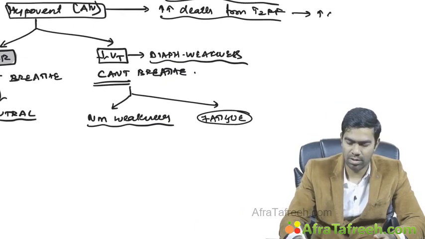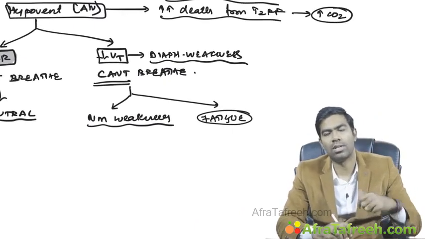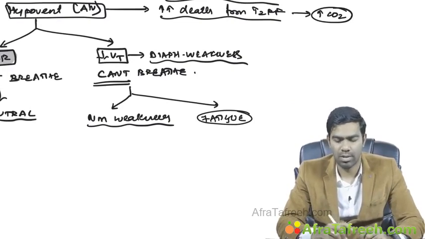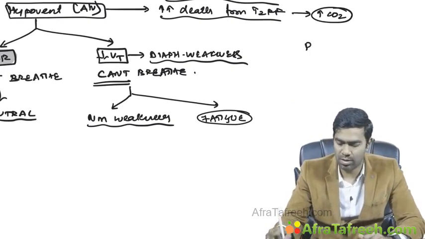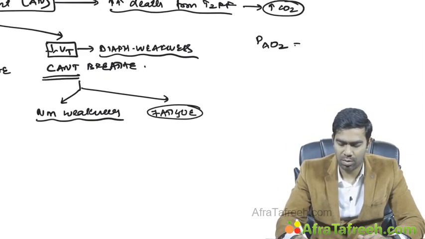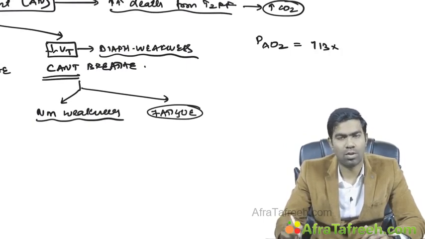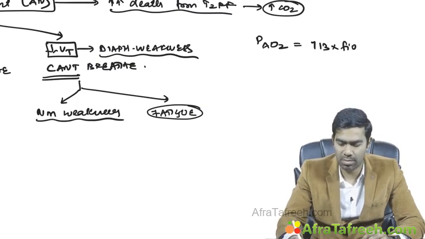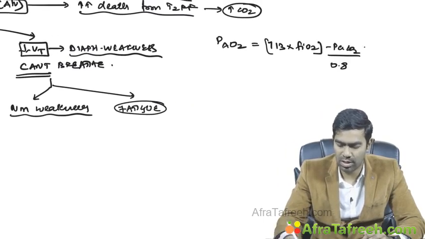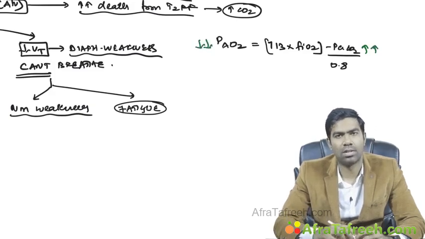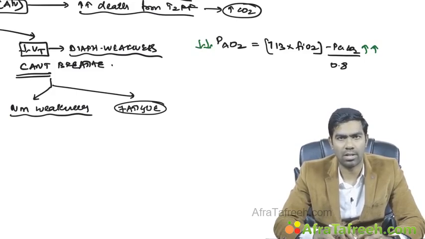Here you are going to have carbon dioxide accumulation in the body, and that will result in hypoxemia. Please note why carbon dioxide accumulation is dangerous, because of your PAO2, the alveolar oxygen. The formula is 713 multiplied by FiO2 minus PaCO2 divided by 0.8, which means if carbon dioxide accumulates in the body, your alveolar oxygen reduces according to the alveolar gas equation.